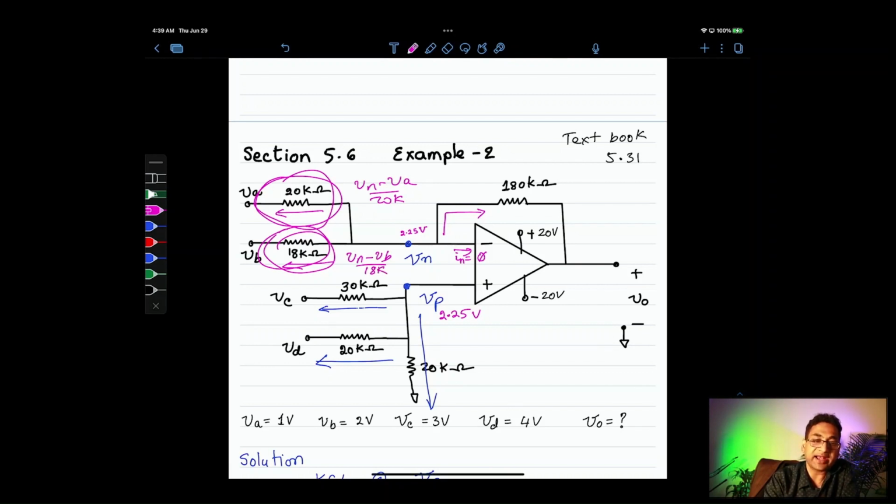And the current flowing in the right branch is Vn minus Vo, all divided by 180k. Those are the three. It's simple to add them up and say that sum equals 0.